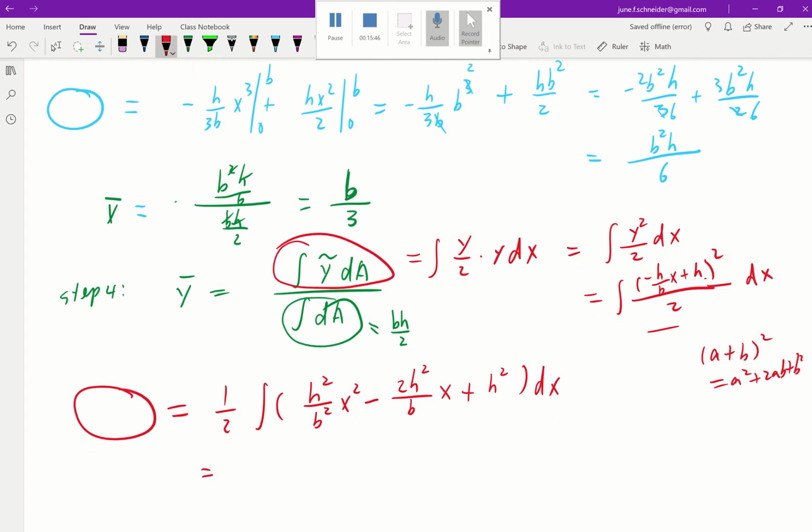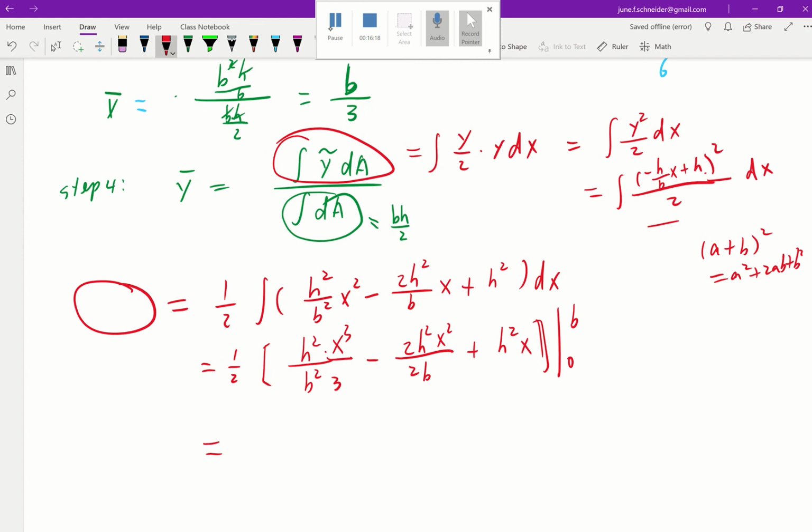All right, now we are going to integrate that. The first one will be h squared over b squared times x cubed over 3. The second one will be minus 2h squared over 2b times x squared. The third will be just h squared x. And all of those are integrated from 0 to b, the x range.